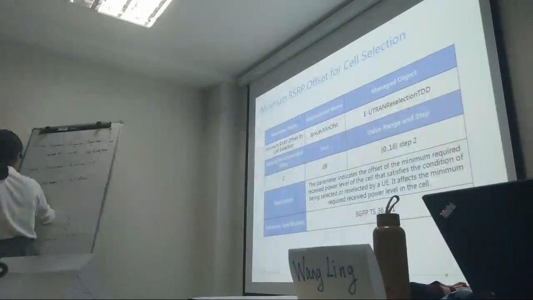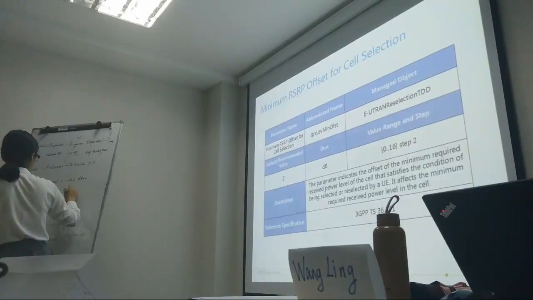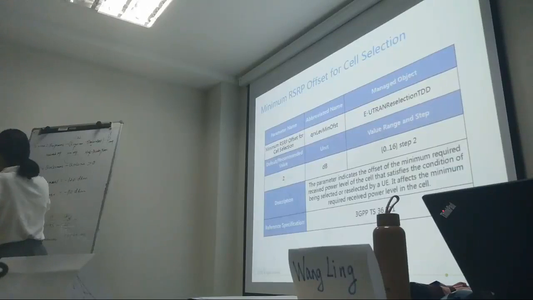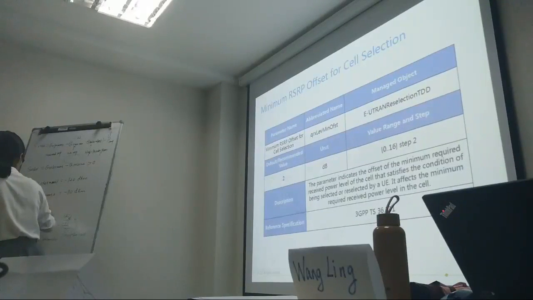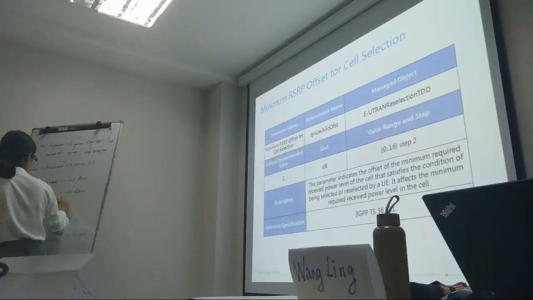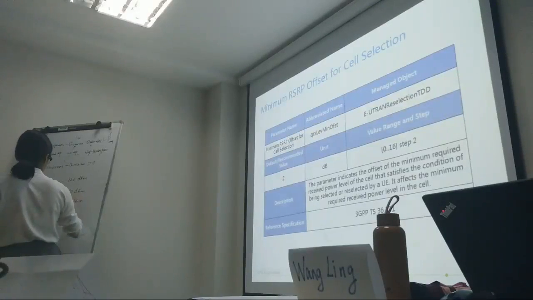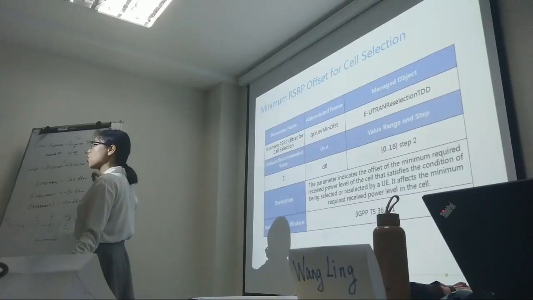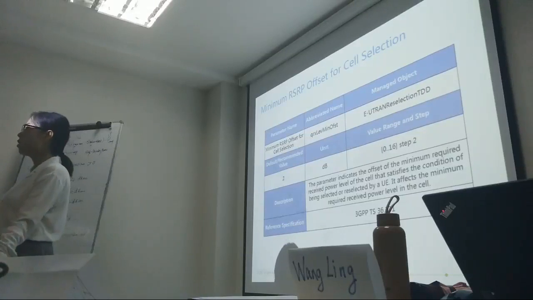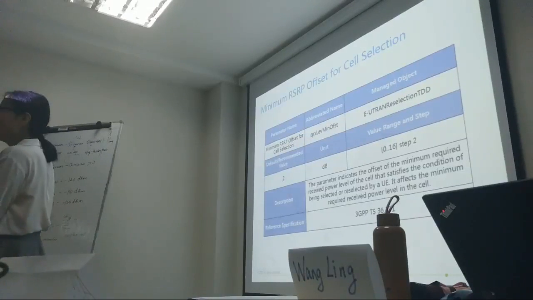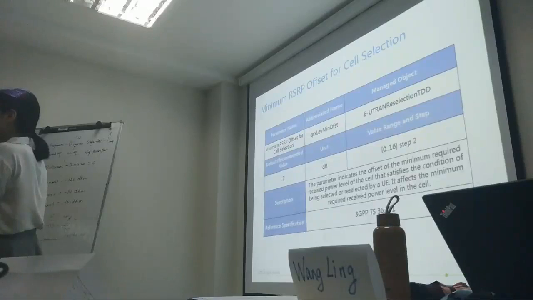If I measured minus 110, can I select the cell? If I measure minus 122 dBm? Of these three choices, which one can the UE select the cell?